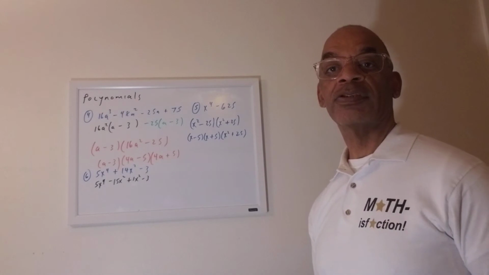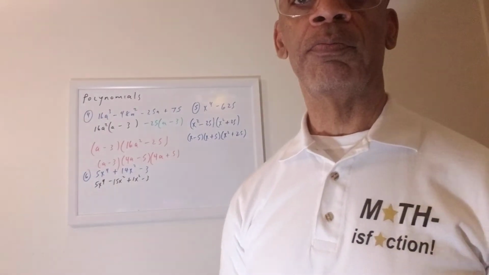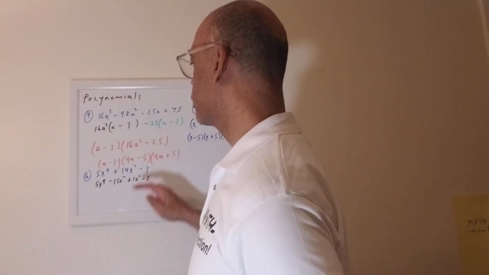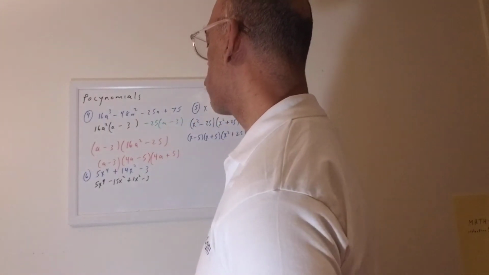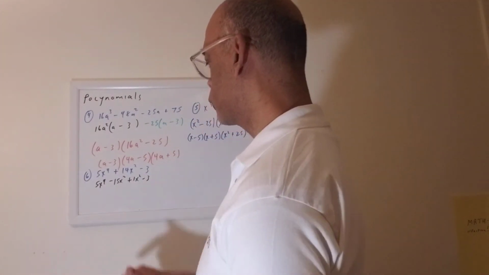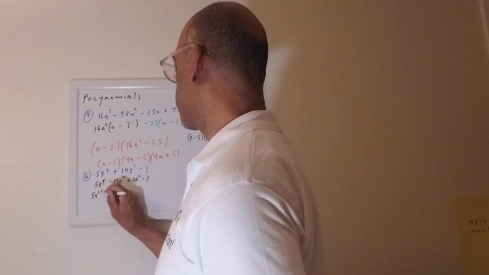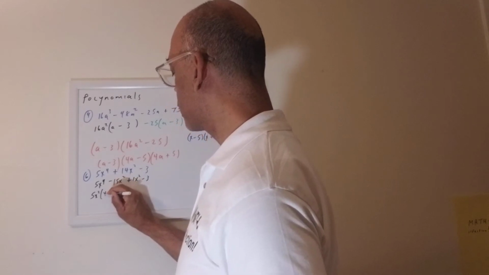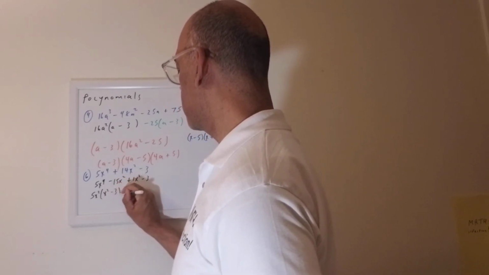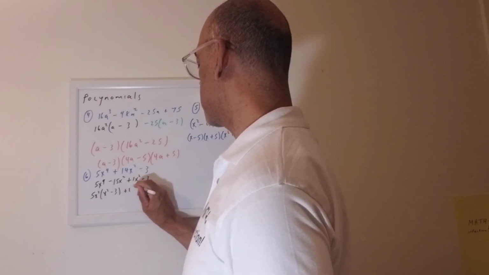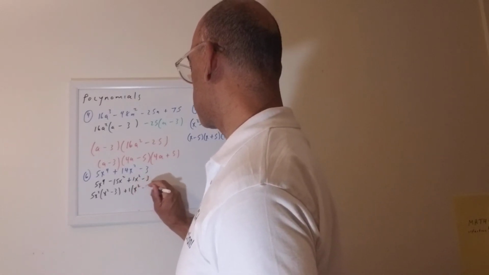Now we have the same polynomial, but we have 4 terms to represent it. We're going to factor this as we did with problem 4 by grouping. First 2 terms, we'll factor out a 5x squared and leave an x squared minus 3. The second 2 terms, factor out a positive 1 and leave an x squared minus 3.